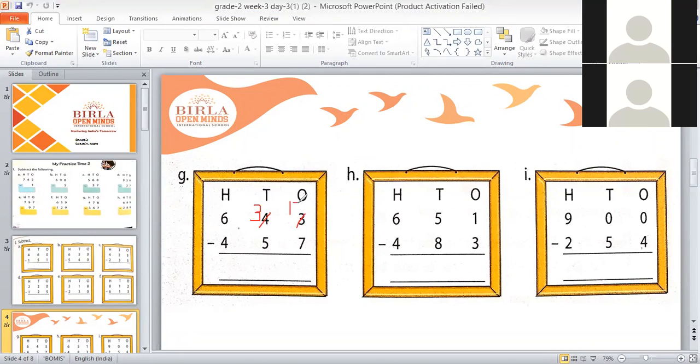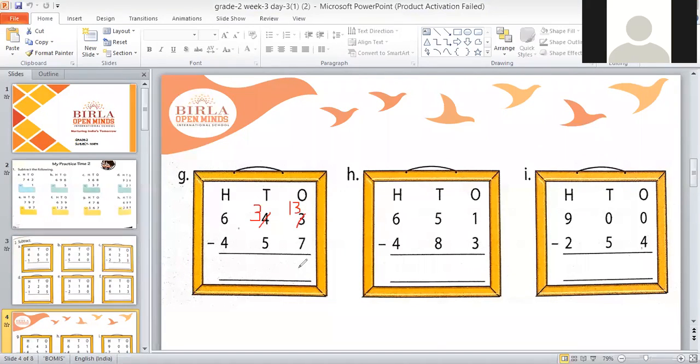Yes, this 3 will become 13. Now, Lohit, tell me 13 minus 7, how much? 6. 13 minus 7 is 6. Very good. And now tell me, Lohit, is it possible to take away 5 from this 3? No. So what we will do? Borrow.